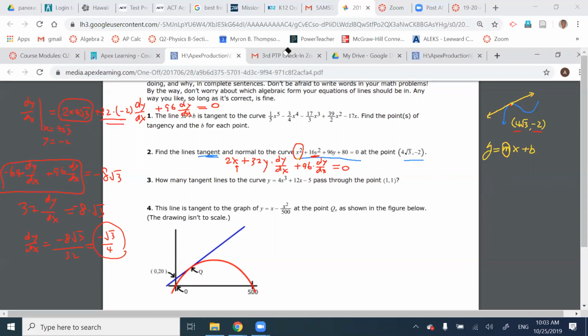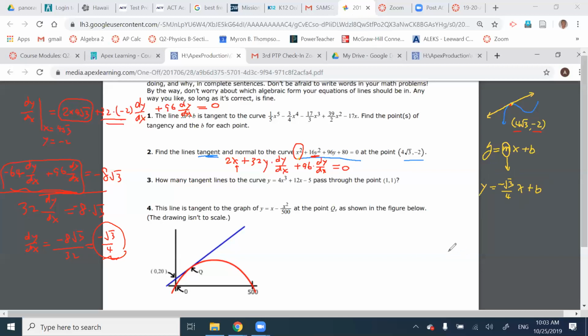By that way, you see here, Amanda, we just simplify this, get this one, and then find dy/dx. We just solved this differential equation. When we got dy/dx here, we know this slope equals -√3 over 4. Then y equals mx plus b.